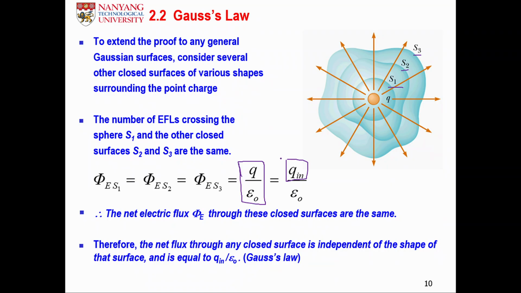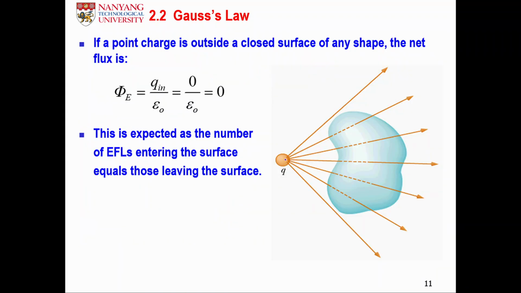And if this charge Q stays outside of the surface, immediately you can tell the total flux through this surface is 0, because now Q is outside, not inside the surface. So Q in is 0, and phi E is 0. It's very straightforward.